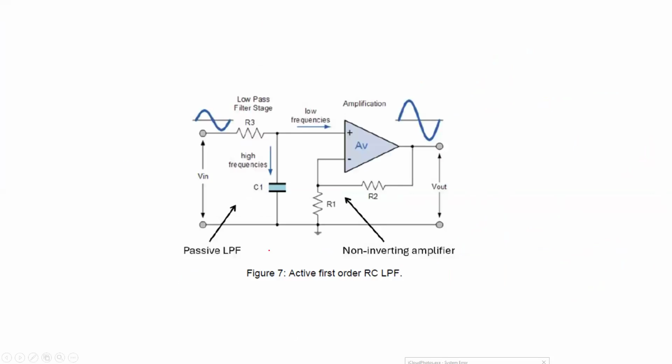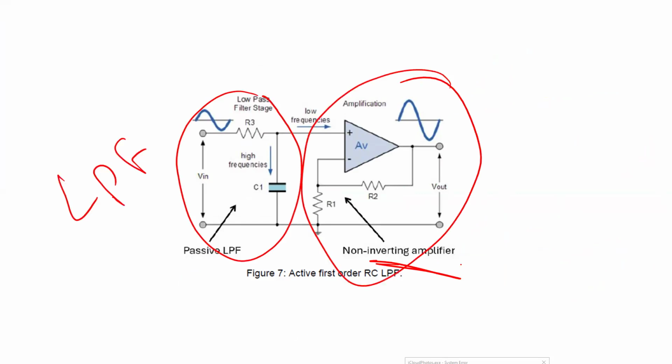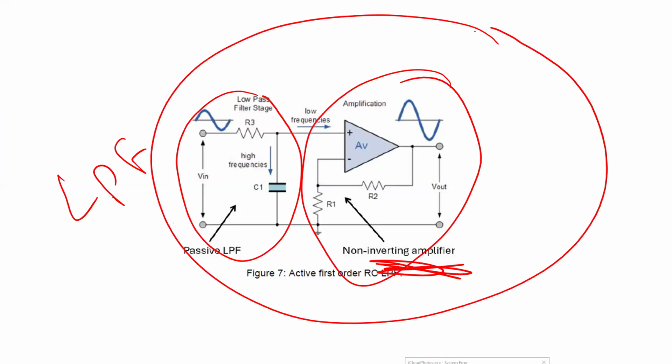This is the same thing I have just explained before. R and C. This is a low pass filter. However, I'm going to put after it a non-inverting amplifier. In this case, we call this filter an active filter. So again, an active filter means this is a passive filter, but after that, I'm going to put a non-inverting amplifier.